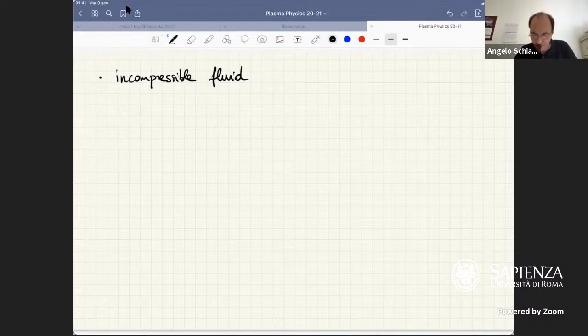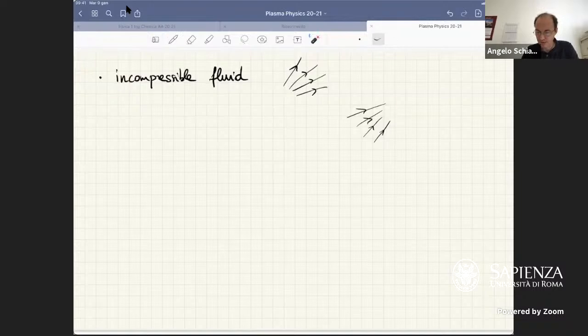So if we have fluid elements going this way, we will see a rarefaction of the density of the fluid. And in the other case, if we have fluid lines pointing to a given point, then it means that the fluid in this motion here is compressing.